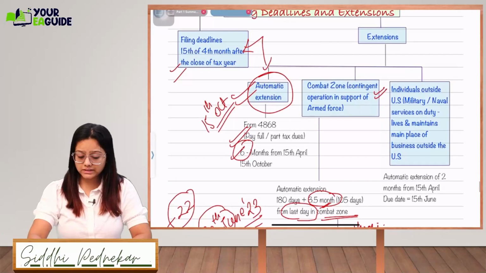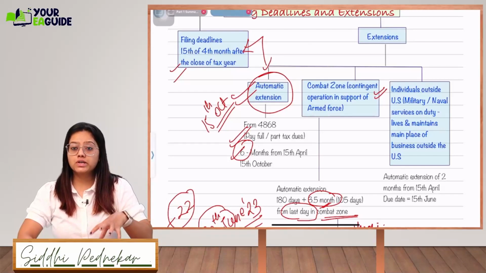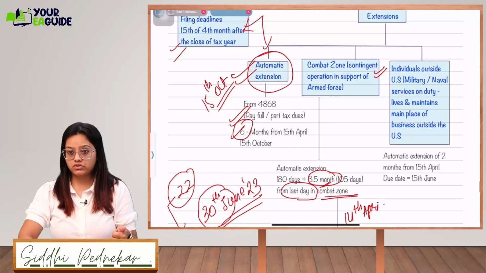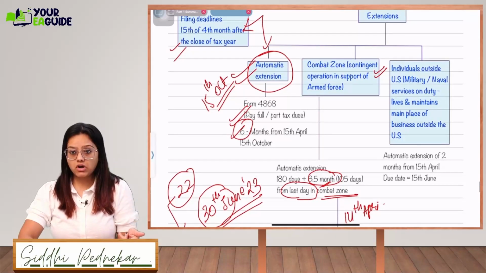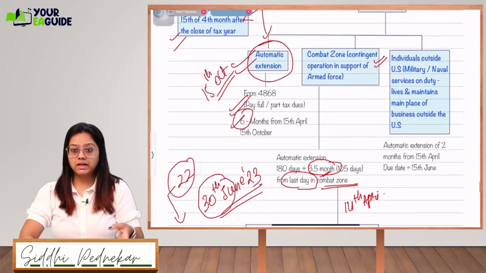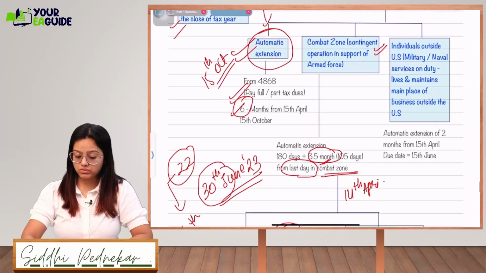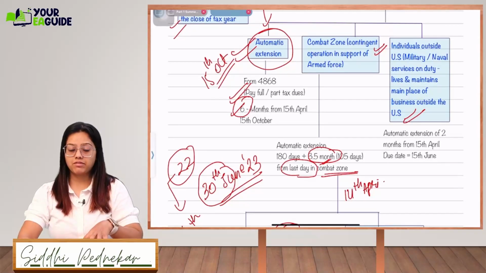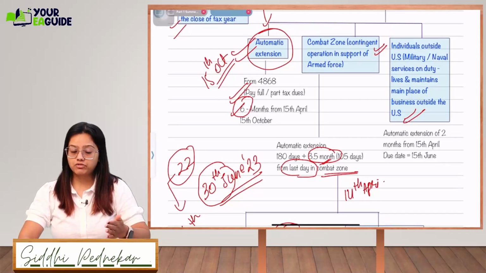Okay. Next is extension. An individual who is outside the US due to military or naval service on duty, or lives and maintains their main place of business outside the US. Let's say the person is having a trade or business outside the US. You'll have to travel more often outside the US.